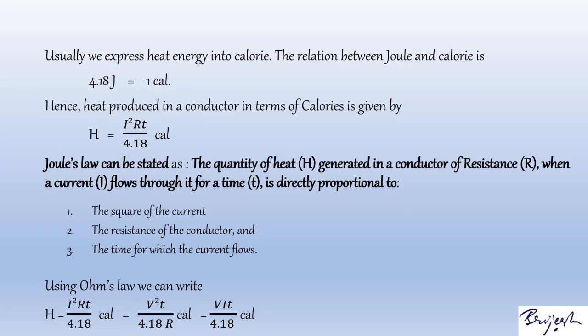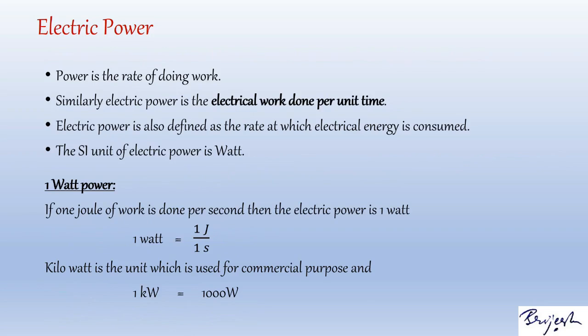Using Ohm's law, we can rewrite Joule's law as H equal to I square R t upon 4.18 calories, which is equal to V square t upon 4.18 R calories, and which will also be equal to V I t upon 4.18 calories.